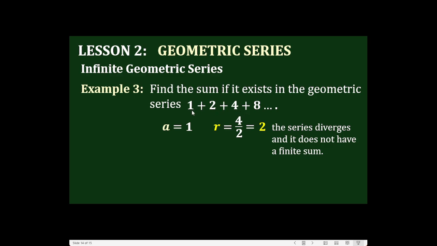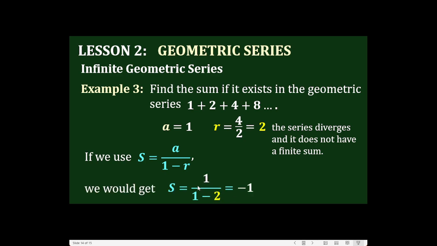If we try to add these first 4 terms partially, the sum is 15. Now, if we try to compute the value of S using the formula, what will be the value? Let us check. S equals A over the quantity 1 minus R, which is our formula. We substitute: 1 over the quantity 1 minus 2.